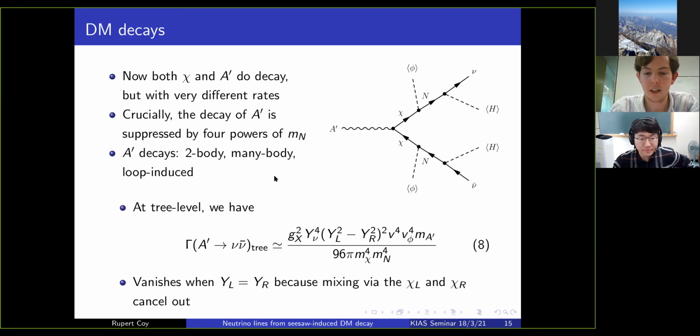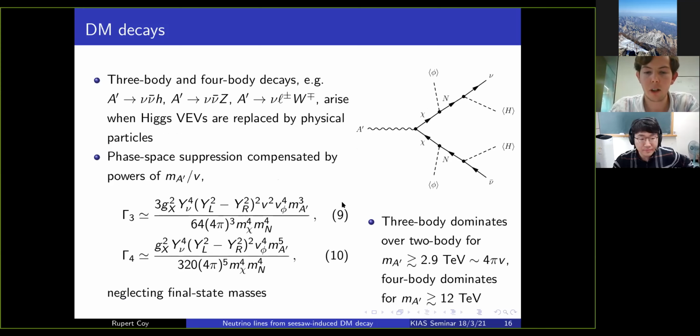So in the 2-body, you had V to the fourth MA prime. In the 3-body, you have V squared MA prime cubed. So you have an extra MA prime squared over V squared. And then in the 4-body width, you have MA prime to the fifth and no V's. So you have a relative effective MA prime to the fourth over V to the fourth.